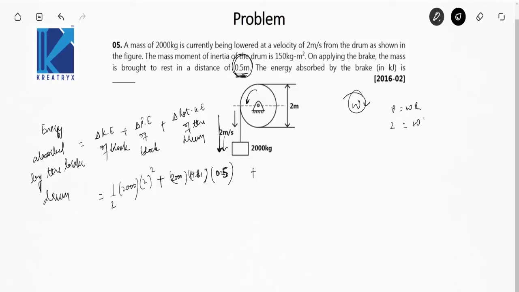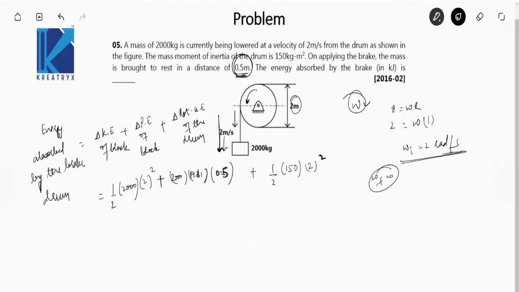What is r? r is 1 meter, because the diameter of the drum is 2 meter given here, so the radius will be 1 meter. Omega initial is 2 radian per second, and final omega is 0, so directly I am writing half I omega square. I is 150 kilogram meter square, omega square, that is 2 square. The omega final is 0, so I have not written that term here.